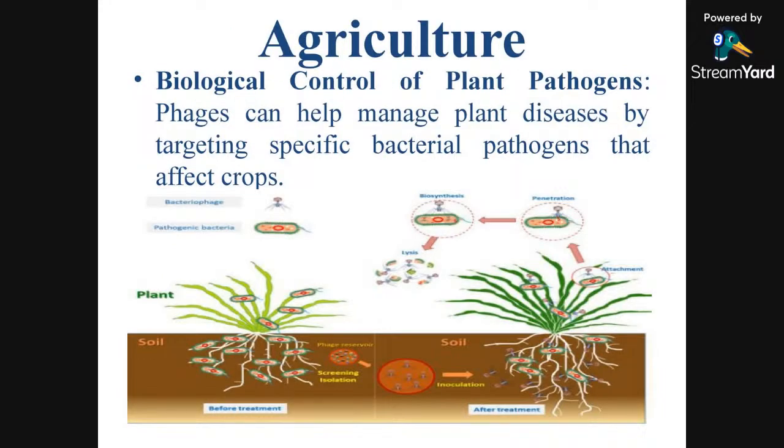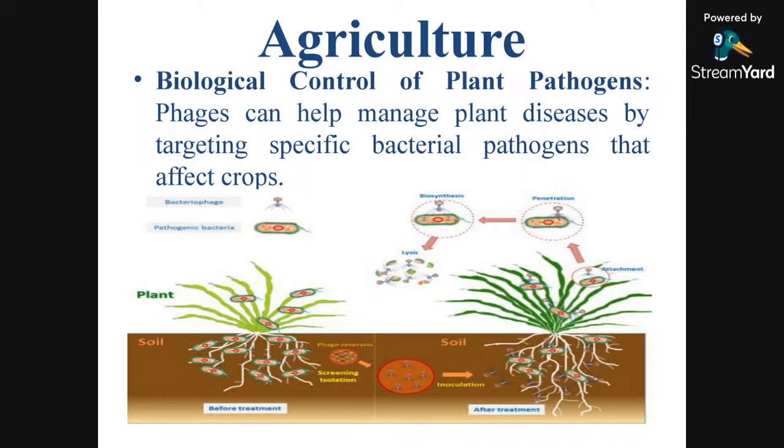Bacteriophages also have vast application in the field of agriculture to control plant pathogens. Phages can help manage plant disease by targeting specific bacterial pathogens that affect crops.